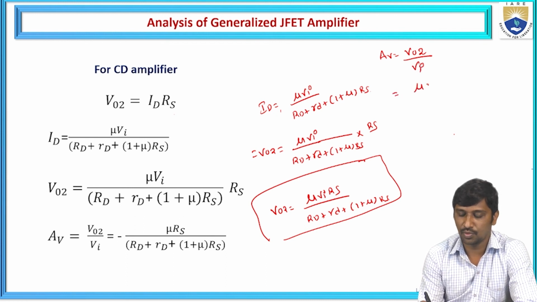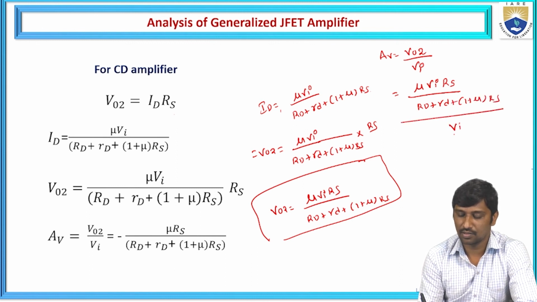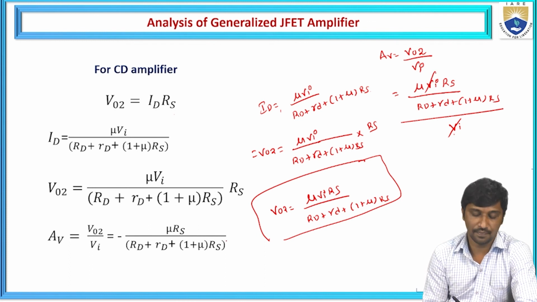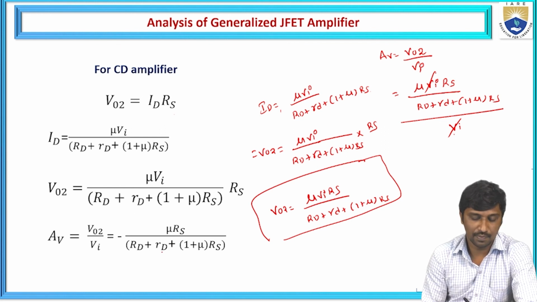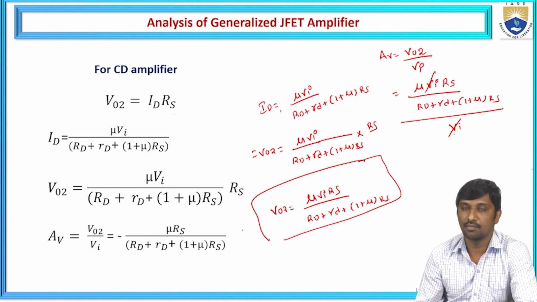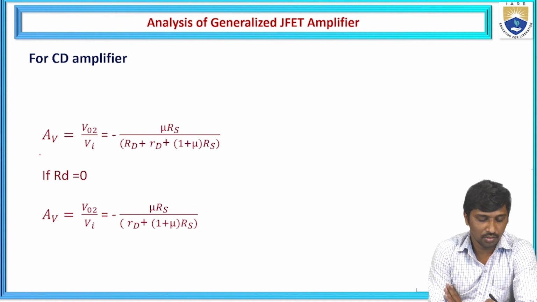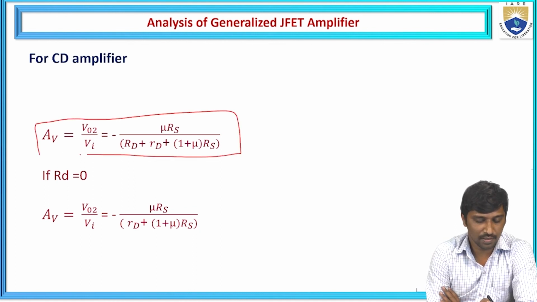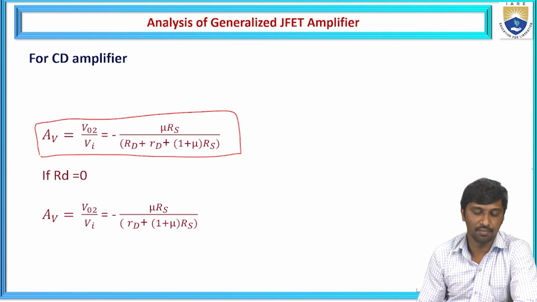Hence, VO2 is mu times Vi into RS by capital RD plus small rd plus 1 plus mu times RS, divided by Vi. So Vi gets cancelled. Then the voltage gain of the common drain amplifier becomes mu times RS by capital RD plus small rd plus 1 plus mu times RS. So this is the voltage gain measured for the common drain amplifier.